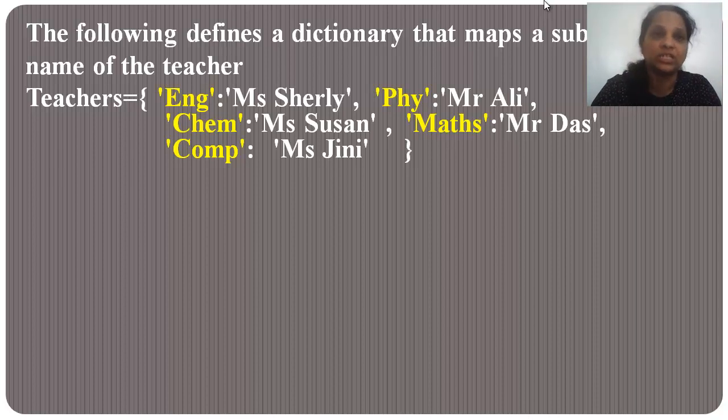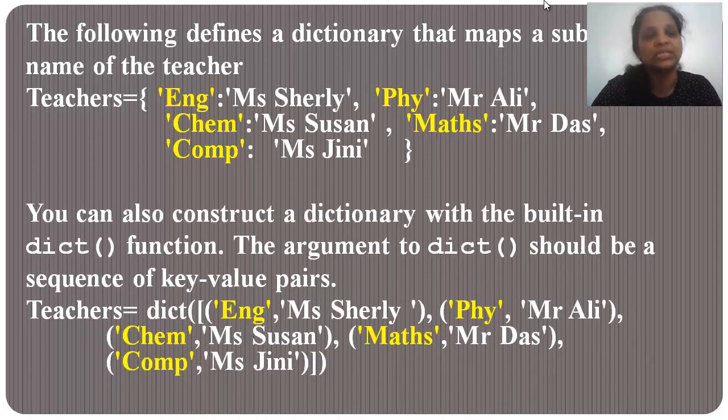Another way of creating a dictionary is by making use of the function called dict, as you see in this example. So here also you have the key value pair. In the previous case, there is a colon between the key value pair. In this example, there's a comma between key value pair and each key value pair is a tuple. So can you see the round brackets? Correct? And all these elements are a part of a list.